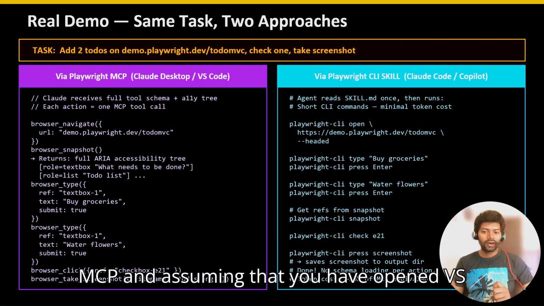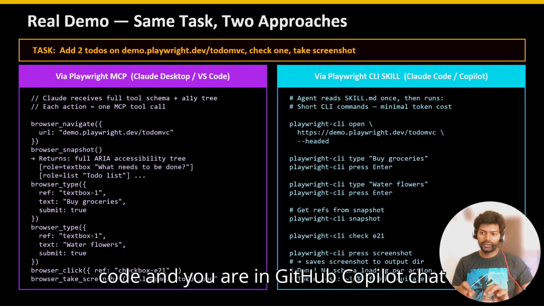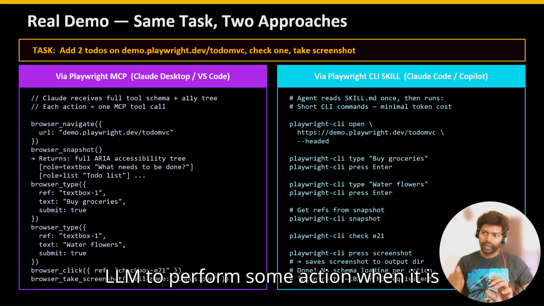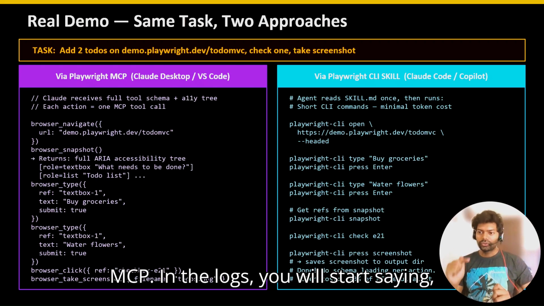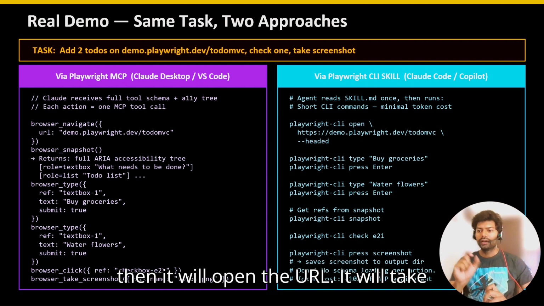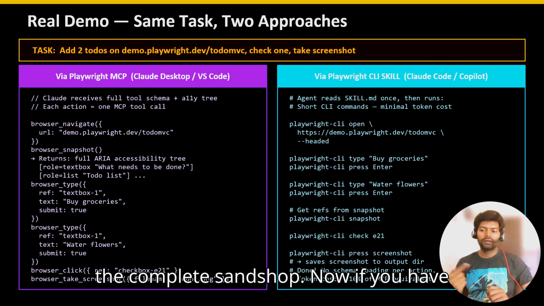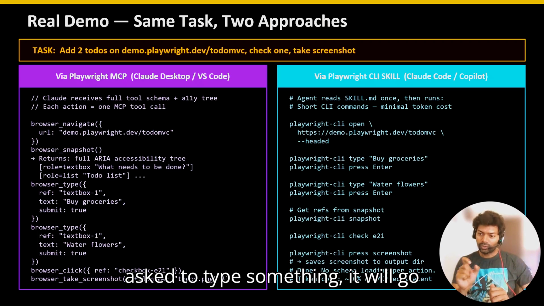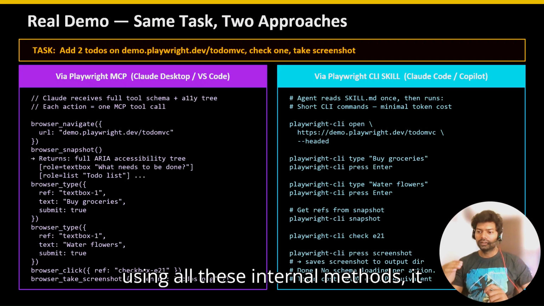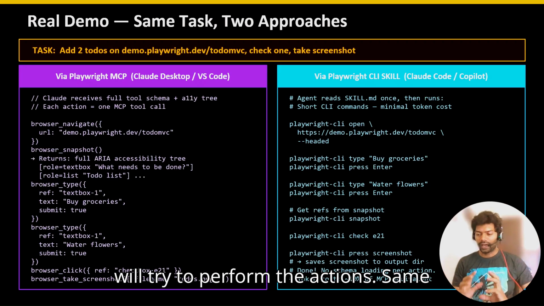Assume you have opened VS Code and you are in GitHub Copilot chat, and you have told the LLM to perform some action. With MCP, in the logs you will see it using browser navigate, then it opens the URL and takes the complete snapshot. If you have asked it to type something, it goes through browser type, and likewise using all these internal methods it tries to perform the actions.